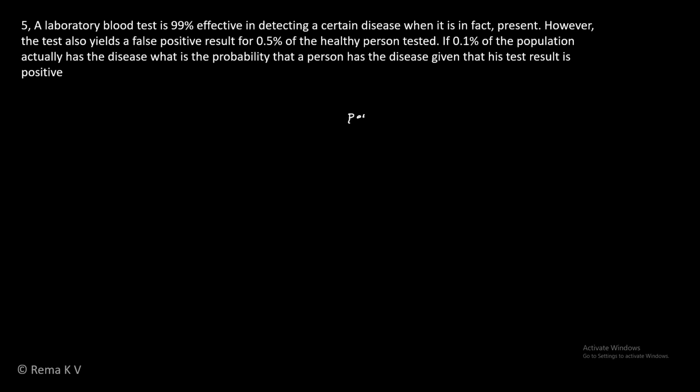See, we are dividing the population. We are considering a population and giving a test to them. So here, this population can be divided into two groups. First is has the disease and not having disease.